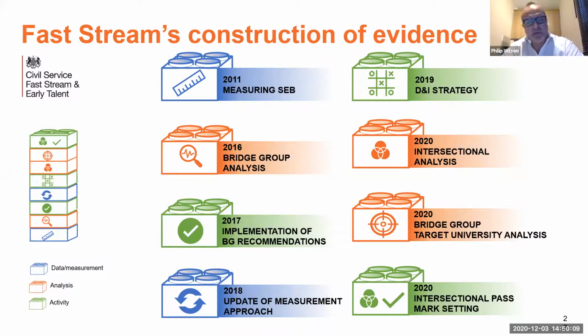We did update our measurement approach, as maybe quite a few different organisations did, with the civil service recommendations in March 2018. That was a very useful document, and again, occupation was part of that, as well as a few other mechanisms, and we've tried to adopt those approaches since then.